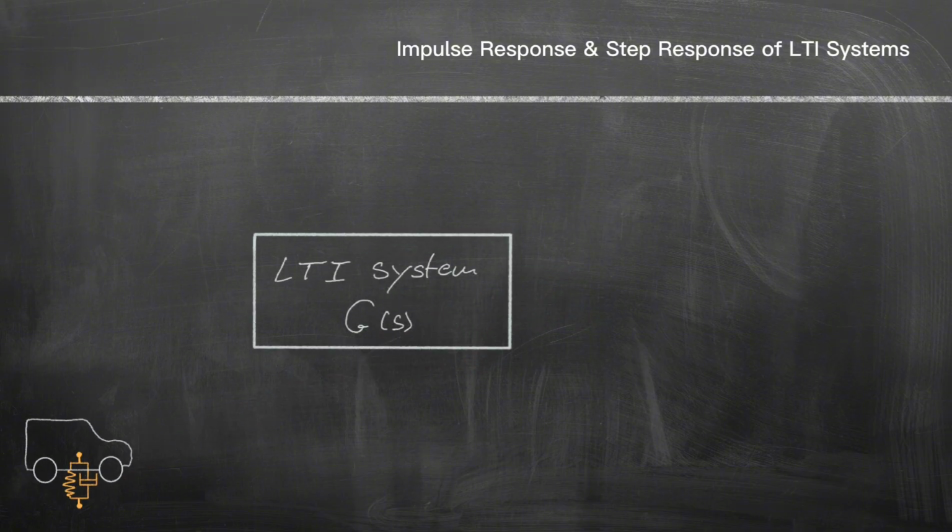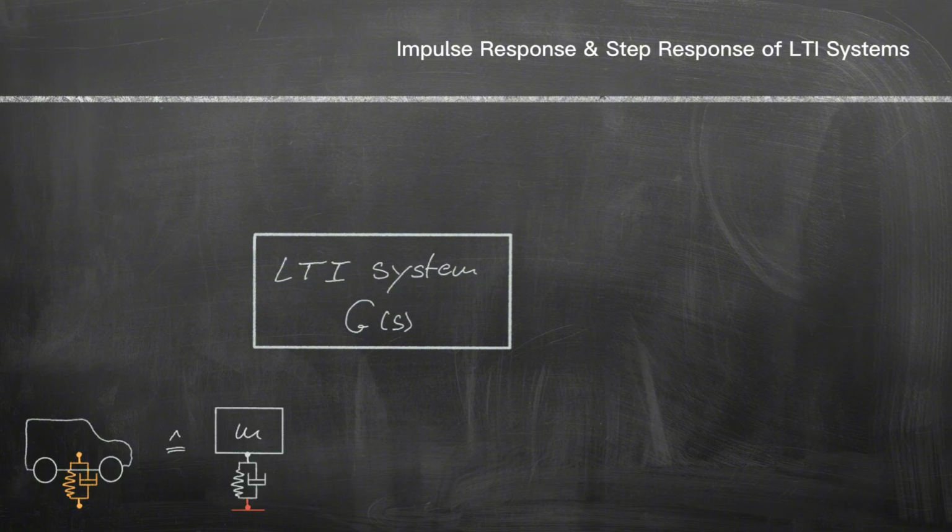We consider a dynamic, linear, time-invariant system described by its transfer function G(s). As an example, take a car that can only perform vertical motion, for instance when driving over a bumpy road. This system can be simplified as a vertical, single degree of freedom oscillator.